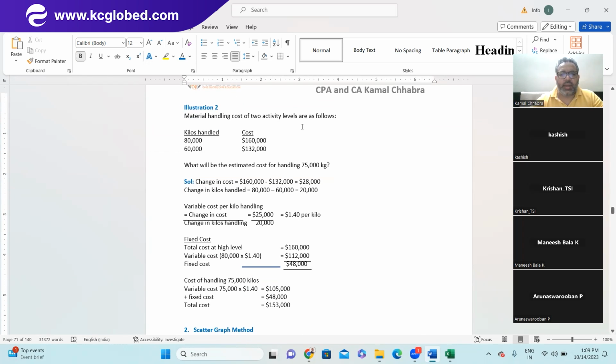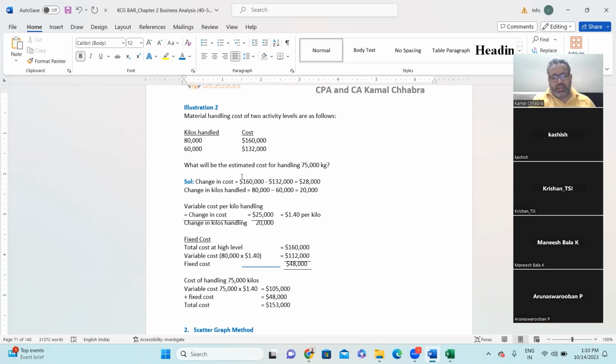So material handling cost of two activity levels is as follows. So kilos handled and cost: 80,000 kg, $160,000; 60,000 kg, $132,000. What will be the estimated cost of handling 75,000? Can you do this example on your own? I know like we have a solution here, but can you do the math on your own?